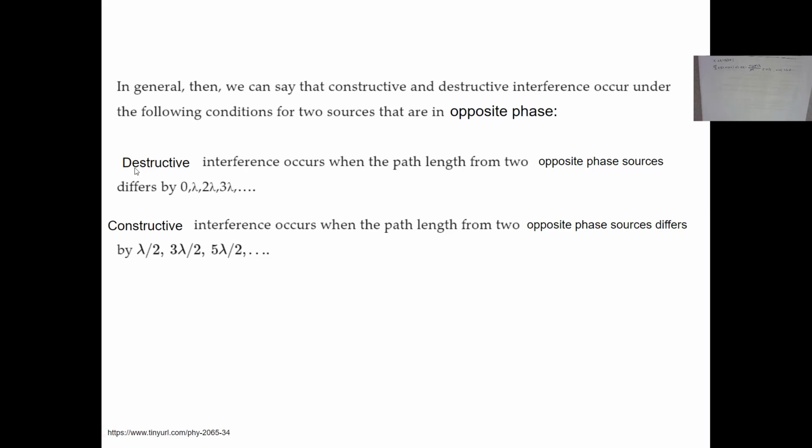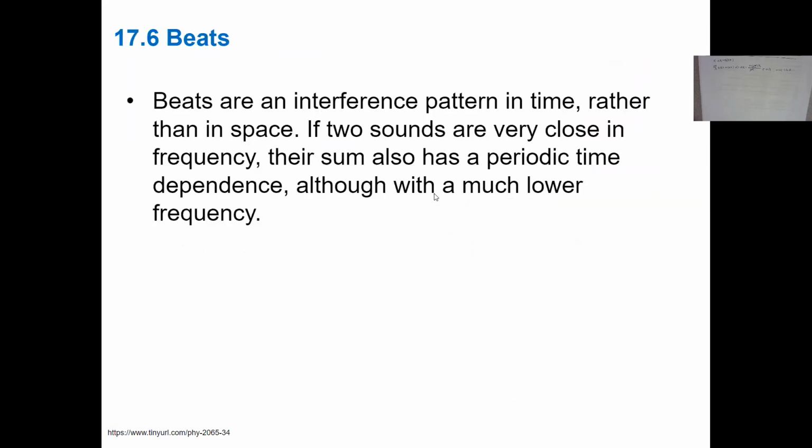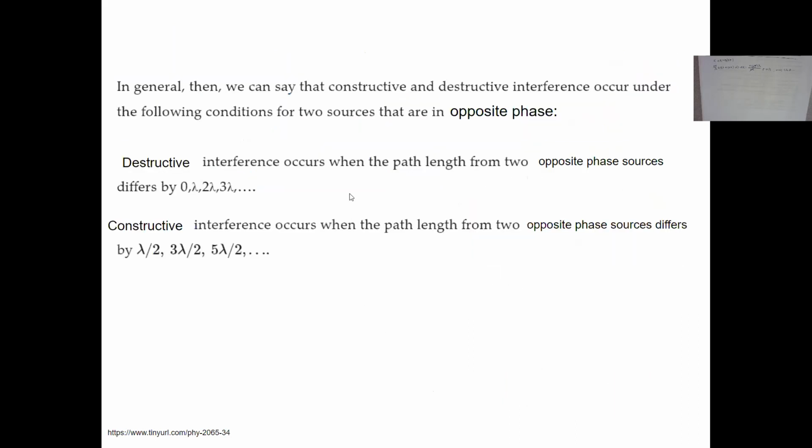If the sources are out of phase, you get destructive interference when the path difference is an integer number of wavelengths, and constructive interference when the path difference is half-integer multiples of lambda. All right, let's take a look at this example. It says two speakers out of phase. Since they are out of phase, we have these two conditions, either this one or that one.